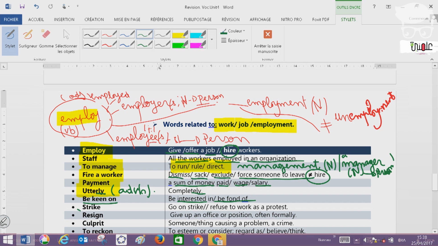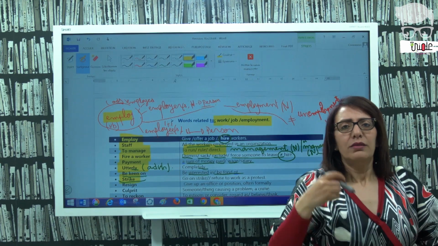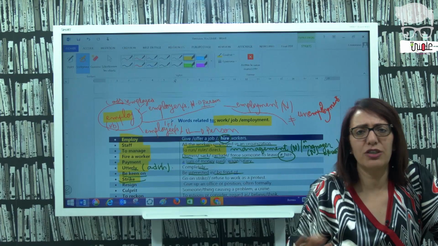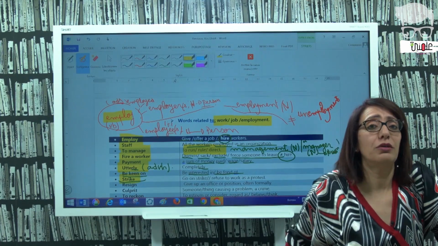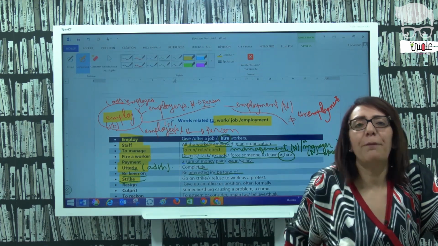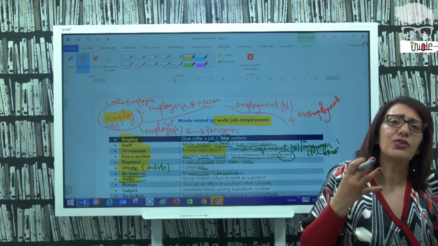Strike, and here is an issue. What's a strike? When workers are not really satisfied, they are not pleased, they feel there is trouble somewhere. Of course, some of them stop and they start to protest and to ask for their rights, okay?